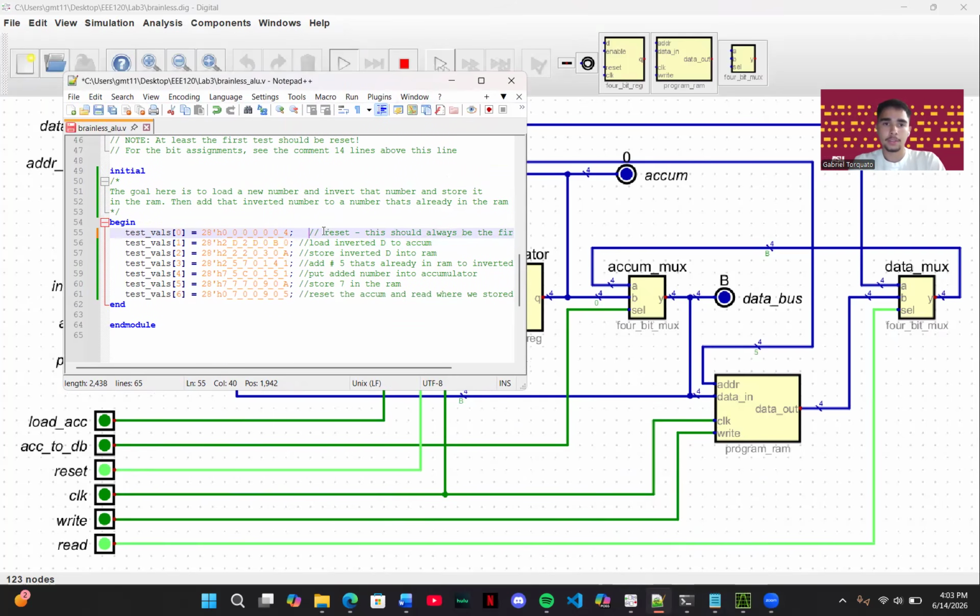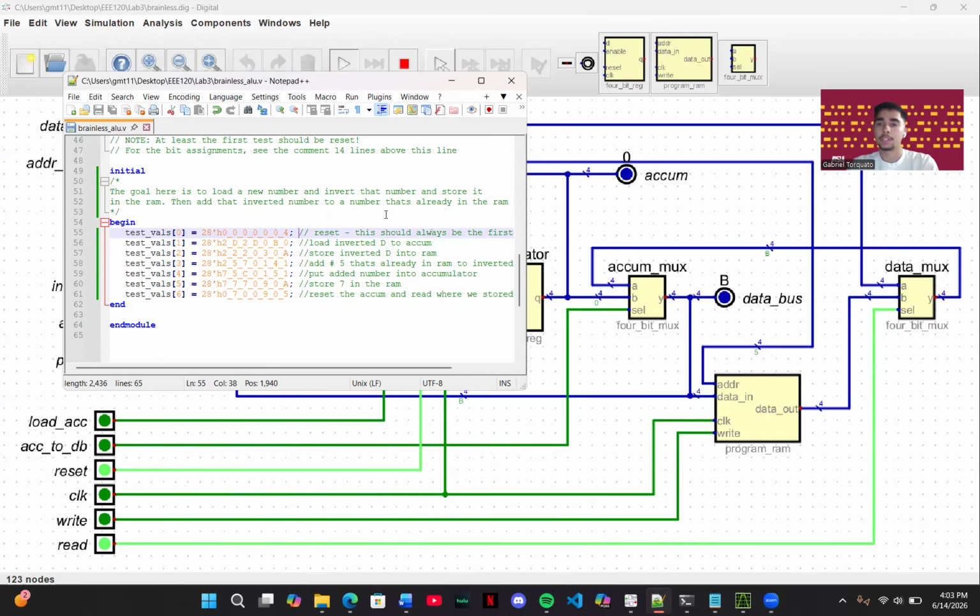My goal here was to load a brand new number, for the user loading in a number, which for me was D, inverting it, storing it into the RAM, and then adding that brand new stored RAM number to another number that was already in the RAM, which would be 3.